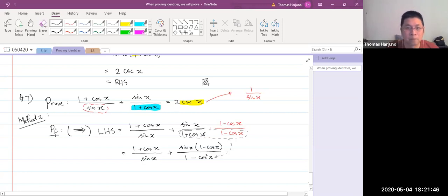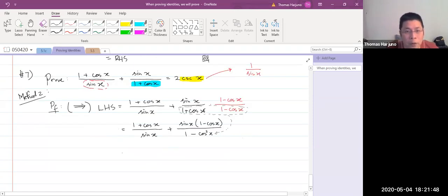Now then, if I go on further, the denominator for the second fraction will be, what's the denominator be? That will be sine squared x.